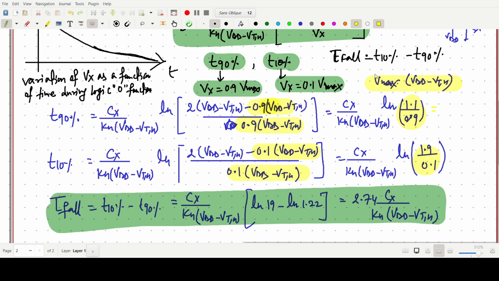So this is Cx by Kn (VDD minus VTN) into ln 1.22. Everything else will be the same, and this will be ln 19. So we did it like this.